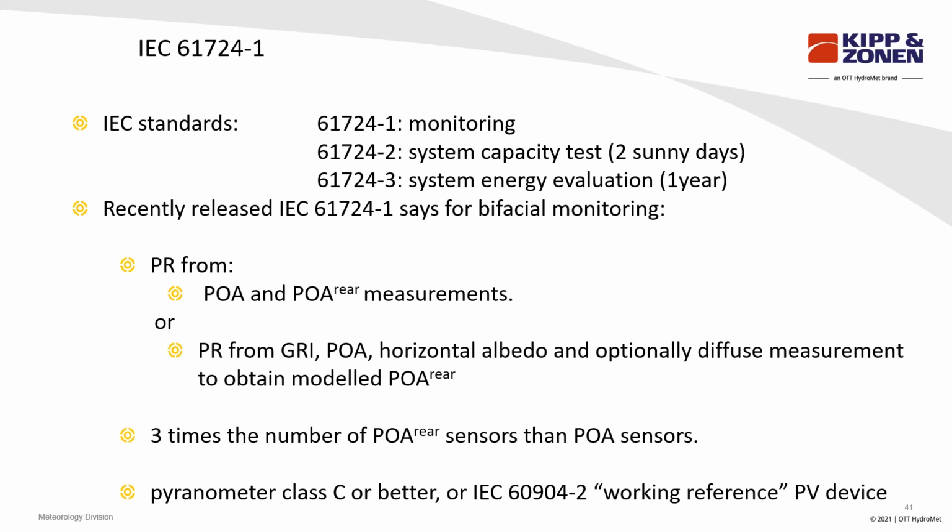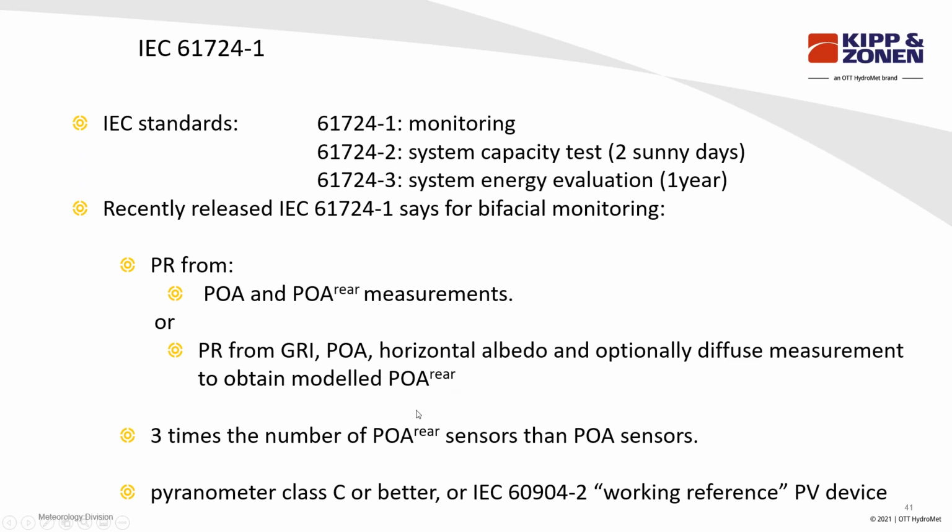And with the new release of the standard this summer, it is very nice that there is a formula for bifacial performance ratio calculation. The way to do it is either from actual measurements of plane of array and plane of array rear, or alternatively to use global horizontal irradiance, plane of array, and horizontal albedo to obtain a modeled plane of array rear.